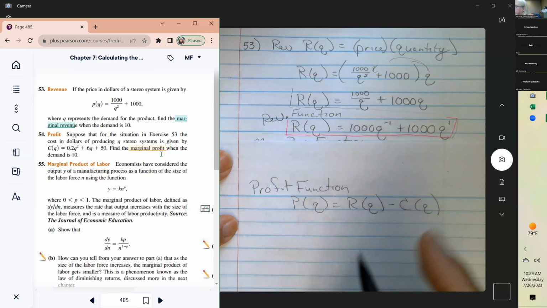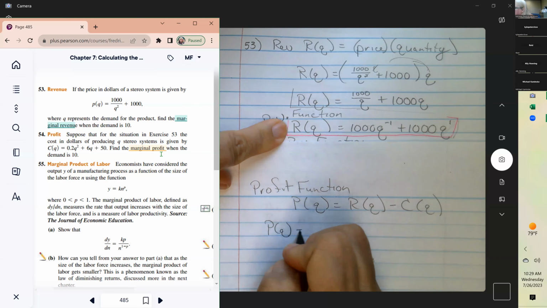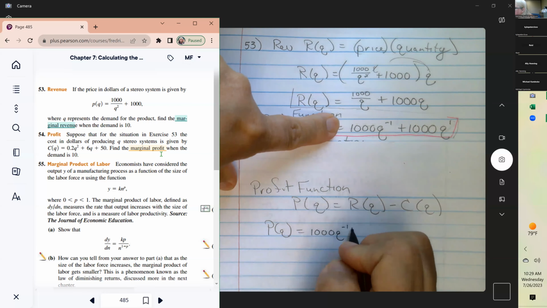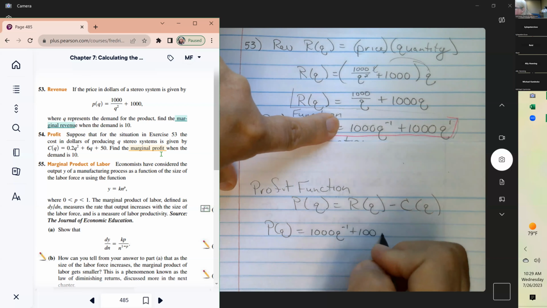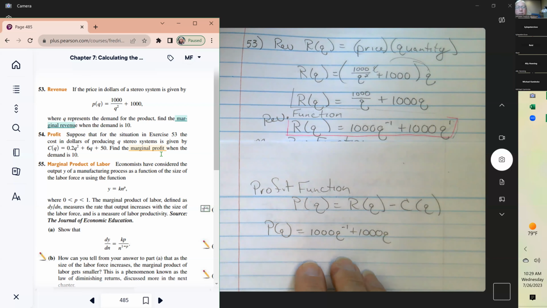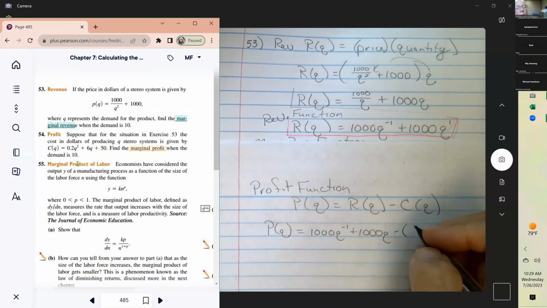Our revenue function is this. That was our revenue. Then we need to subtract the cost, which was given here in the problem. What you want to remember is you have to subtract the whole function so that negative distributes to each term.